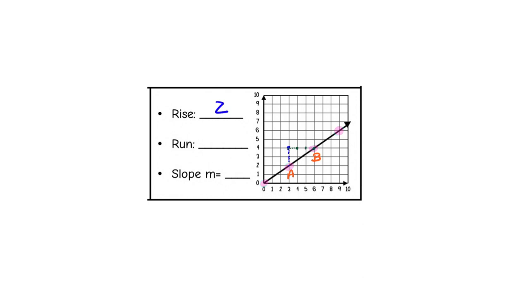It takes me 3 moves to get to point B. So the slope of this line is 2 over 3.